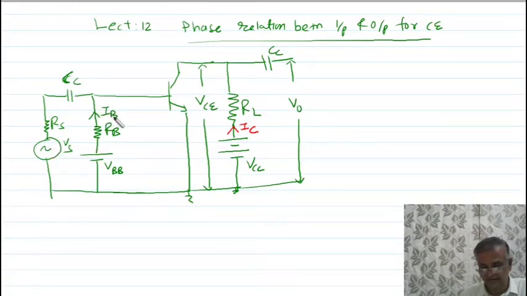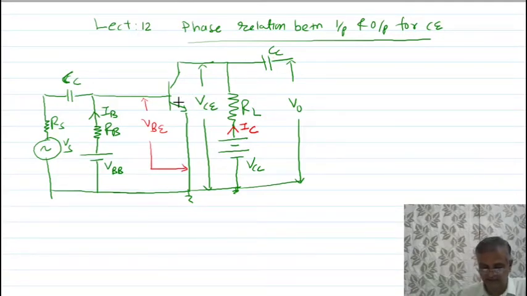Okay. So you have taken the selection of the value of RL, RB such that the Q point should become at the middle point of the load line, and your VB provides the proper bias voltage to the base of the transistor.